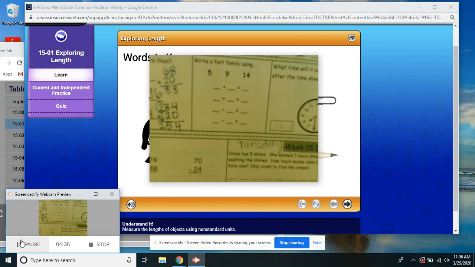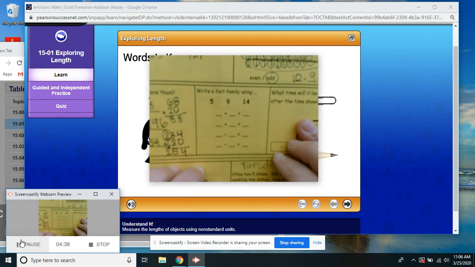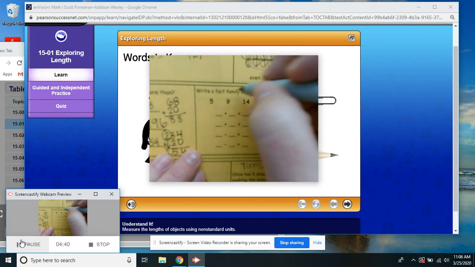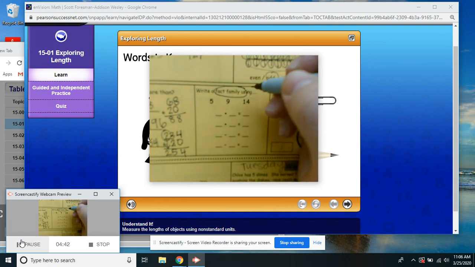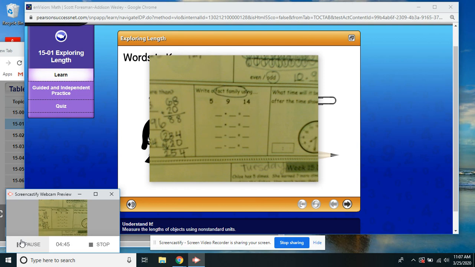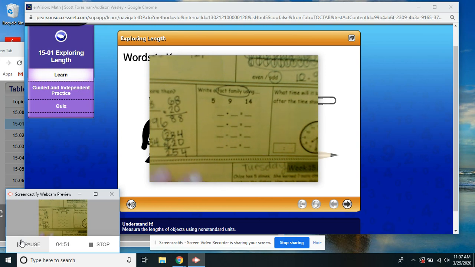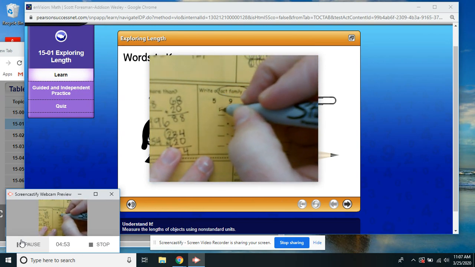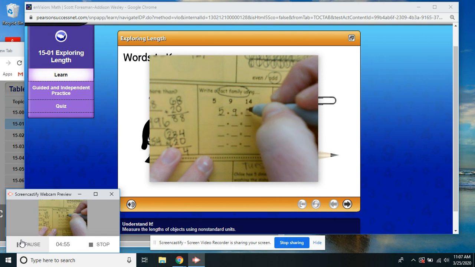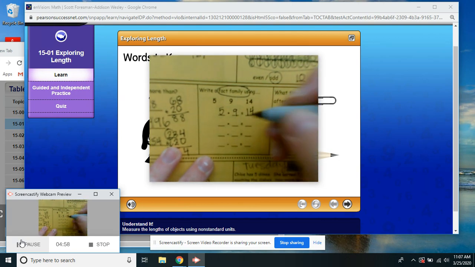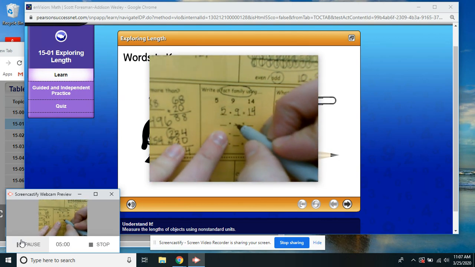Write a fact family using the following numbers. Remember, a fact family is a way to create different math facts using the same numbers. So I could say 5 plus 9 is 14. Now, let's see, I need another addition fact.